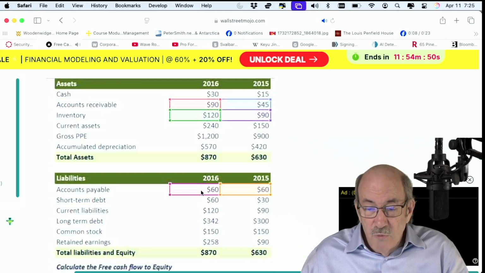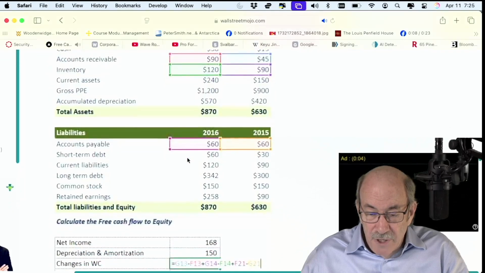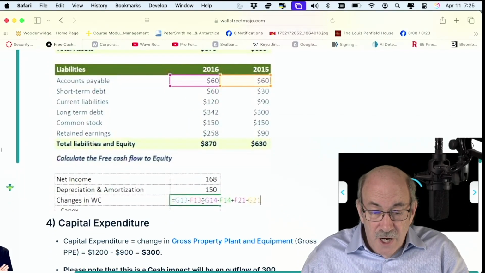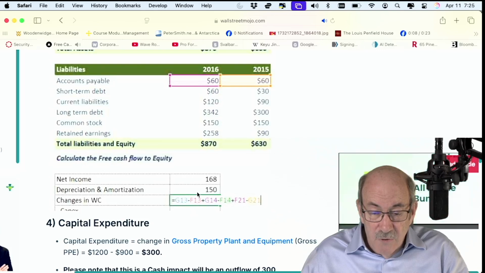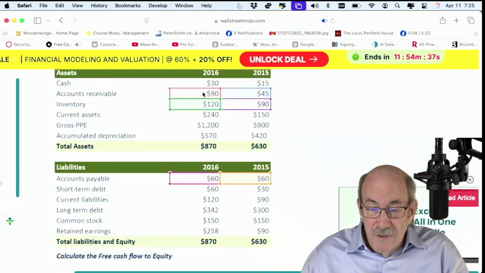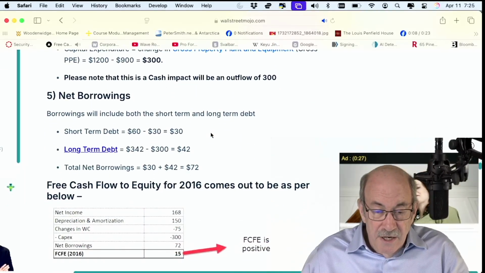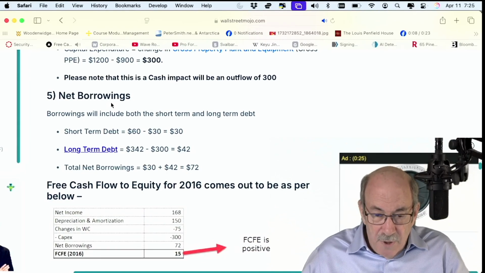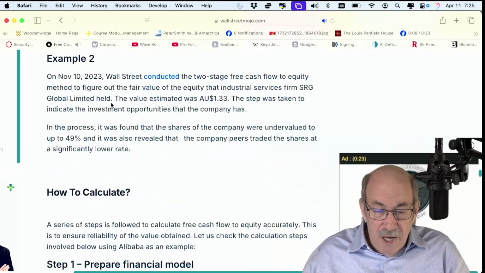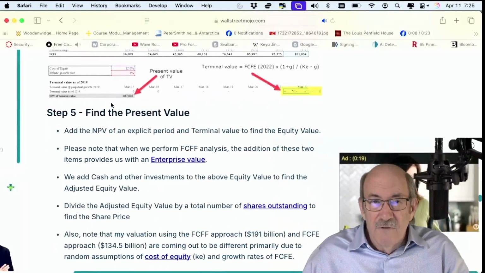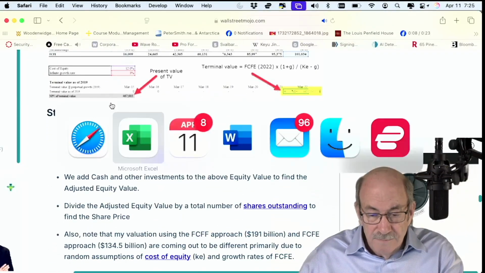So that would be $150. So net working capital went up. But you'll notice that here's the formula that you can write to get that. It's got to be the current year minus the prior year. And it goes through all of that. It also shows you how to do the net borrowings, CapEx, etc. So read through this before you try to do the free cash flow calculations.